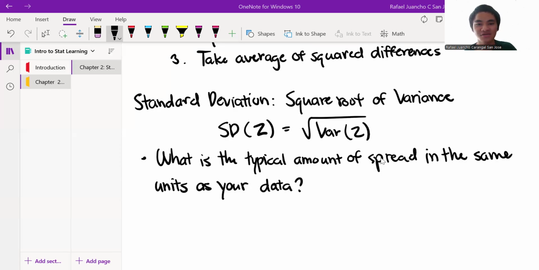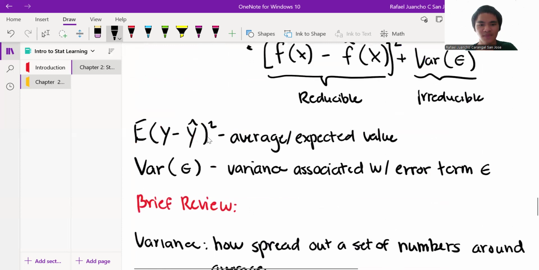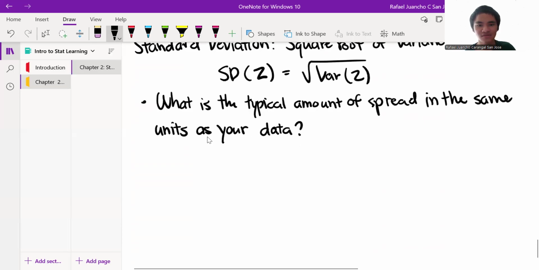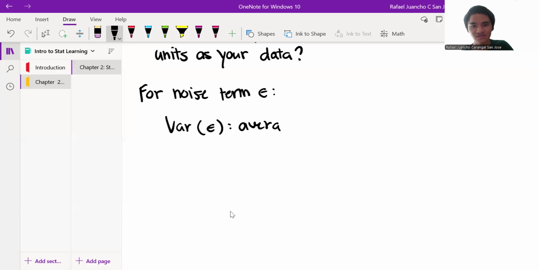Now, if we go back to that example, this is just me doing a brief review of my previous stats. If you look at that epsilon, this variance is basically the average squared size of noise, right?